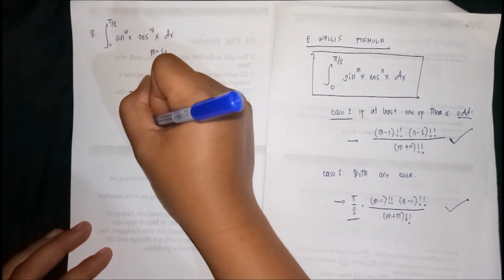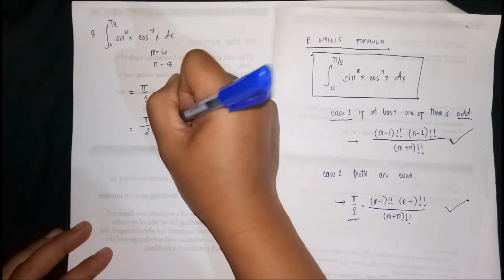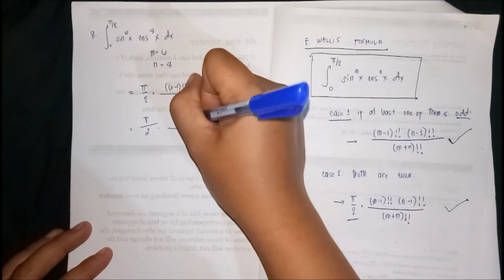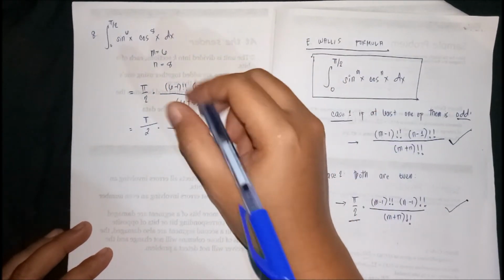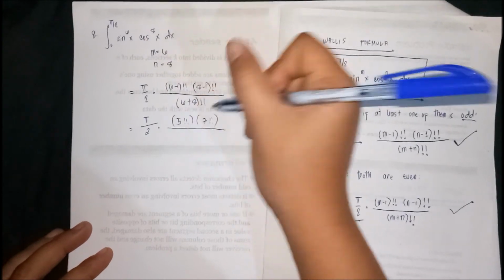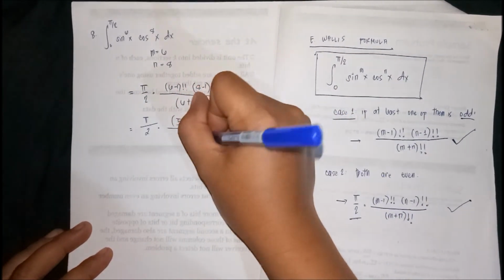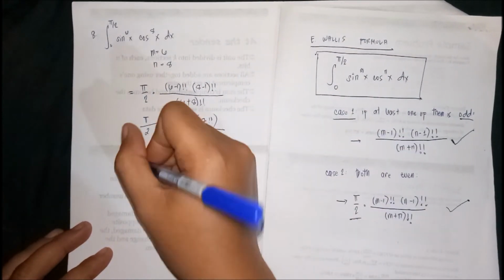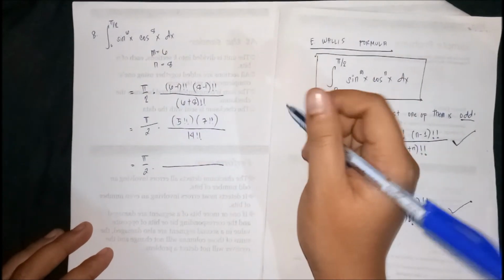Okay? Simplifying it, class, this one is 5 double factorial times 7 double factorial. This is 14 double factorial. Pi over 2. Class, expand natin ating factorial.